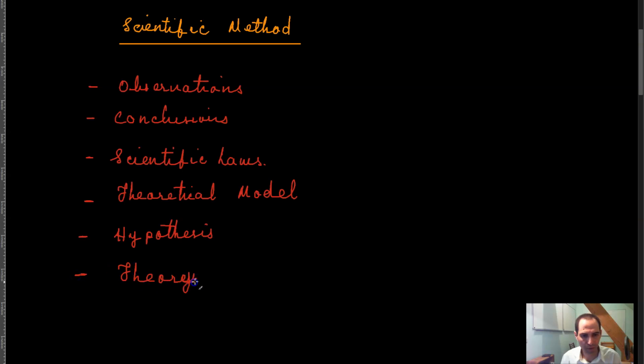Now, if you understand the meaning of all of these terms, observation and conclusion, scientific laws, theoretical models, hypotheses, and a theory, that means that you have understood the scientific method.